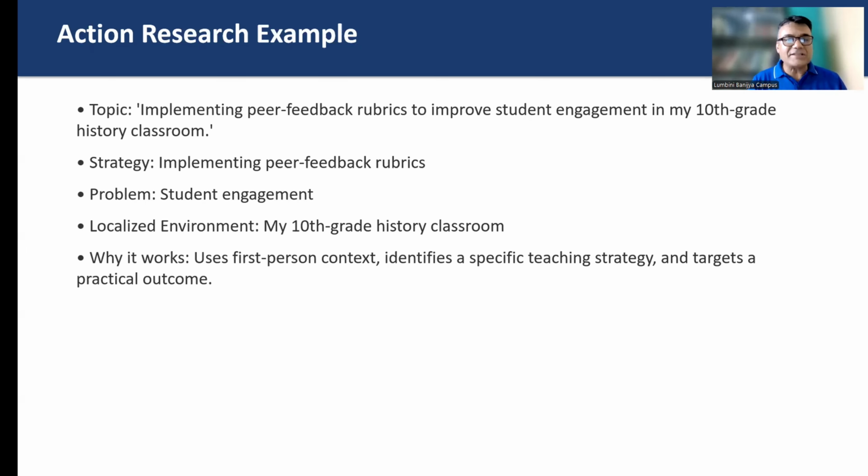And the strategy here is implementing peer feedback rubrics. Whatever feedback is given by your peer, fellow professor, fellow teacher, must be implemented. You got the point? Problem: student engagement in your subject in the classroom, a localized environment, that is your 10th grade history classroom.